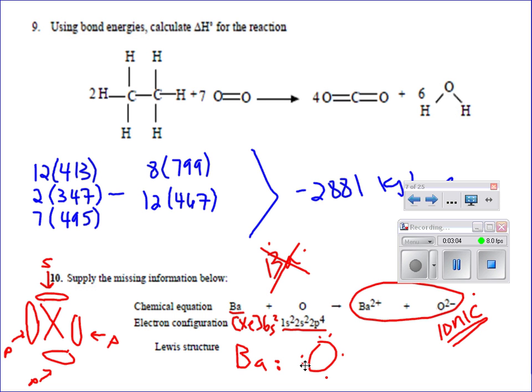I'm not doing it because it's not a really accurate representation of what process is happening. But we know barium is giving the electrons to oxygen because oxygen is more electronegative, making barium a +2, and then oxygen gets all the electrons, making it a -2. Okay? And how do they bond? Attraction, right? Electrostatic attraction.